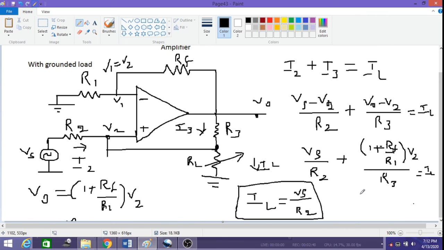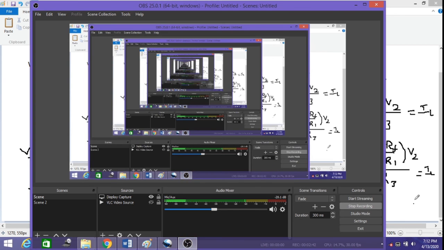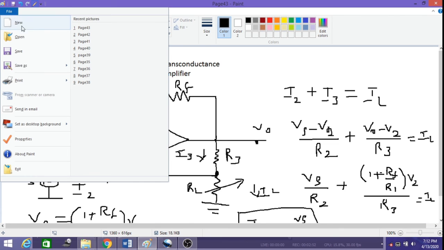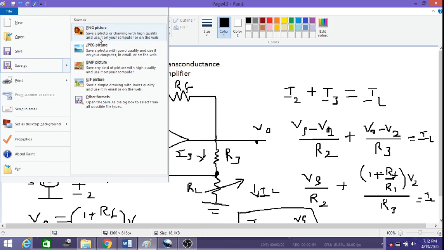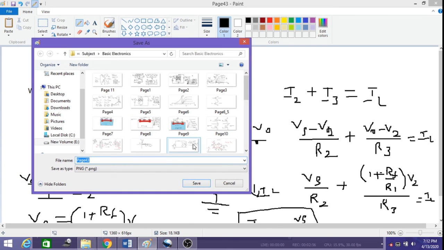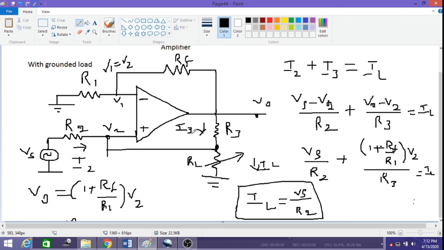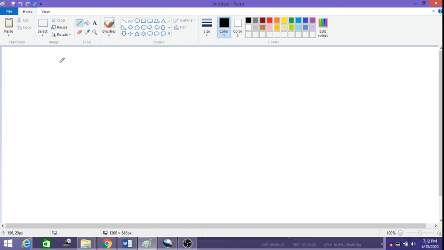Now we'll quickly look into one more circuit, that is a constant voltage source circuit. Let me save this page here as PNG, that is page 44. Now let me take a new page.